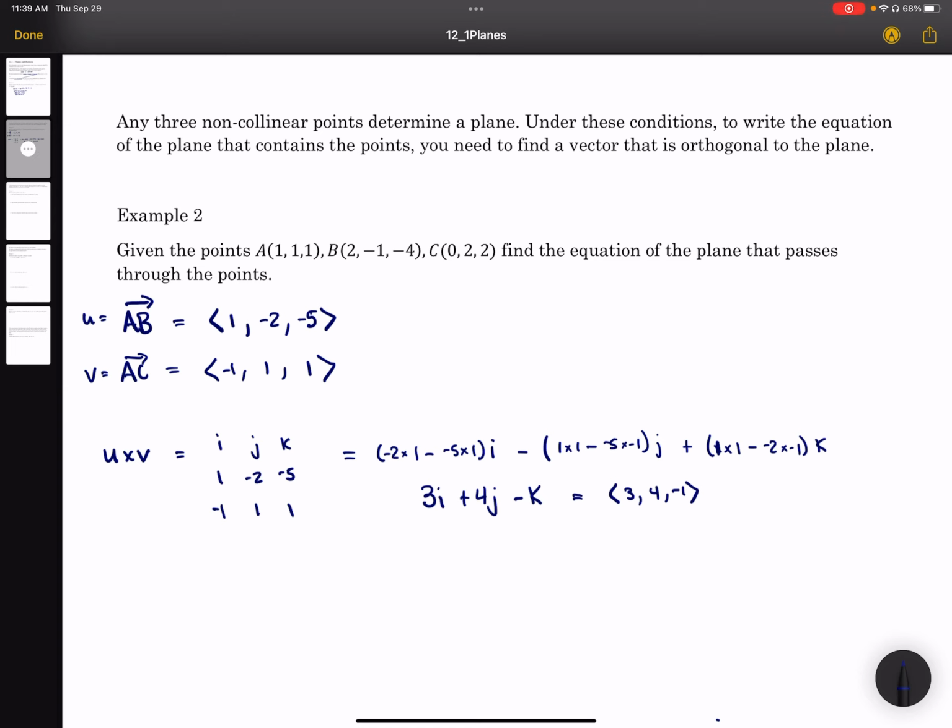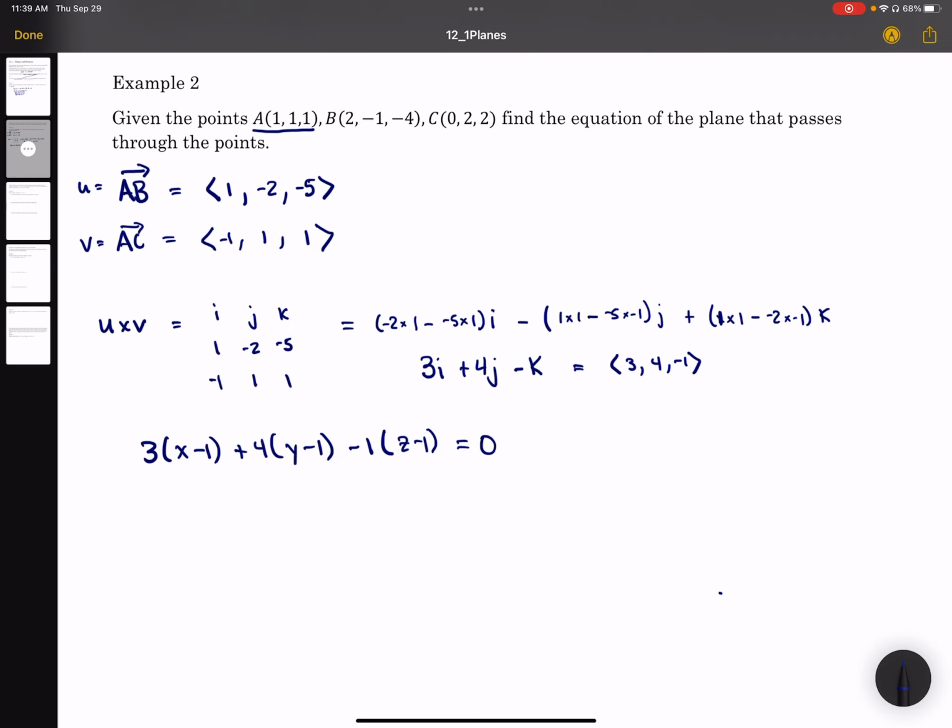Say we choose point A, then we'll have 3 times x minus 1 plus 4 times y minus 1 minus 1 times z minus 1 equals 0.